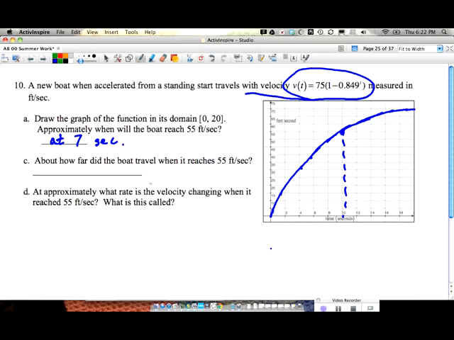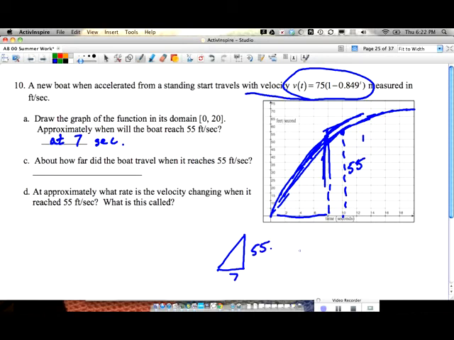About how far did the boat travel when it reaches 55 feet per second? So we're looking at this triangle here. And if you imagine that it's about 55 tall, it's actually more about like this. Looks like the picture should look more like that. So we have this triangle that's 55 feet tall and 7 horizontal. So we got a triangle, 7 by 55.